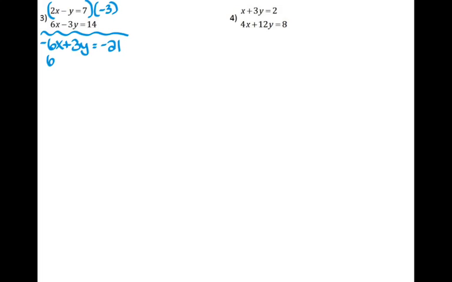And my second equation I'm not doing anything with. And then I can go ahead and add the two equations together. So my x's cancel, my y's also cancel, so that leaves me with 0 equals negative 7. Well, 0 is never going to equal negative 7, so that is false. So that means this one has no solution.